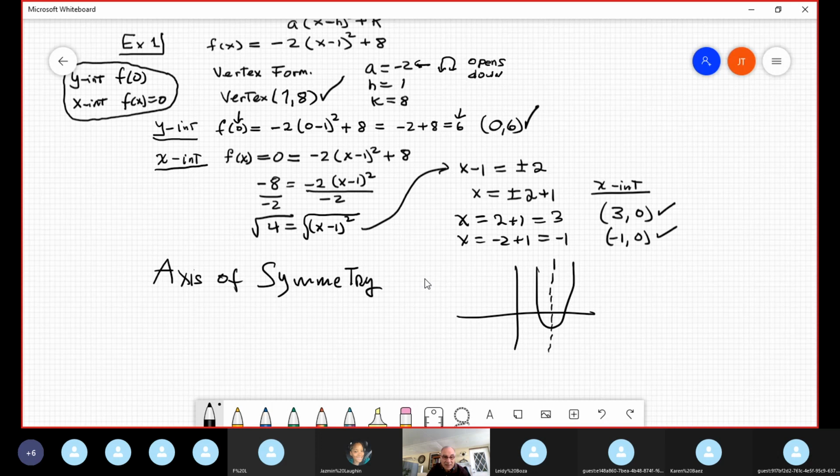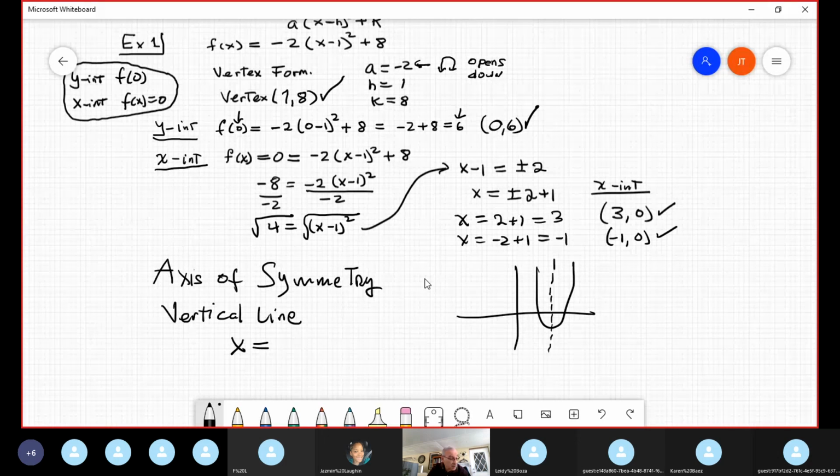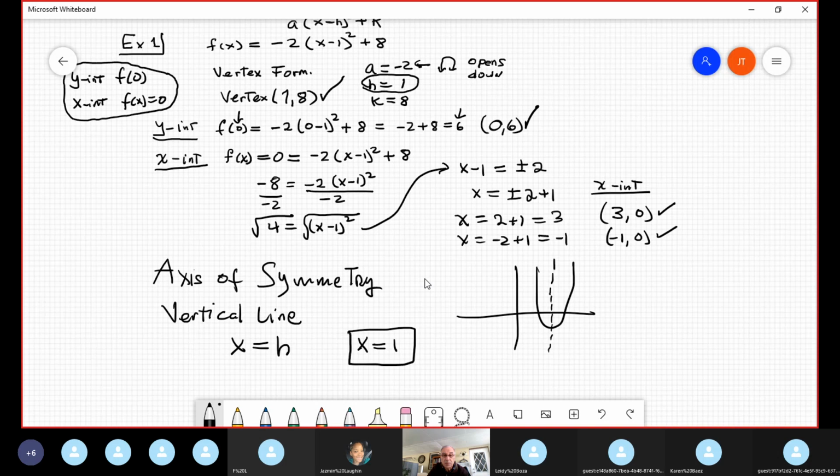So it's a vertical line, always. In this case, it is x equals something, x equals h. In our specific example, h is equal to 1, look at that. So x equals 1. This is good because it splits the parabola into equal parts, and we can use symmetry.